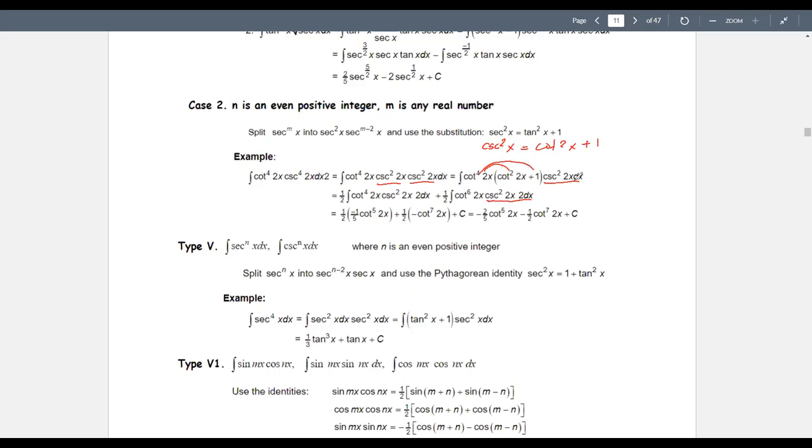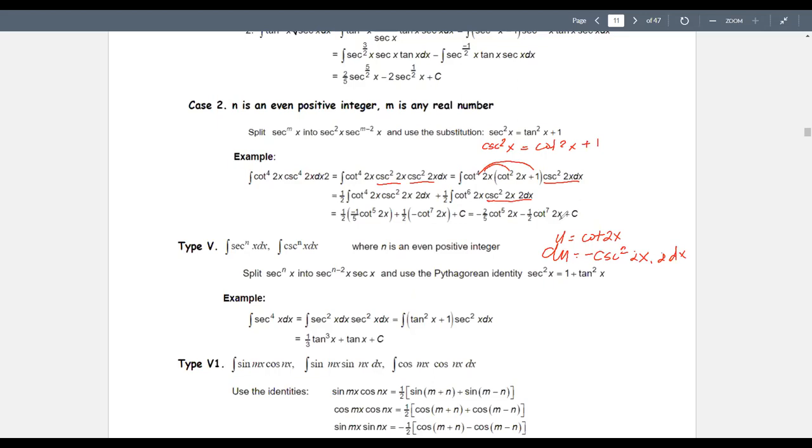Notice, class, that this time you have introduced already a 2 in the dx. Why is that? If your u, I'll write here, is cotangent of 2x, using chain rule in differentiation, the du should be negative cosecant squared 2x times 2 dx, the derivative of the angle.